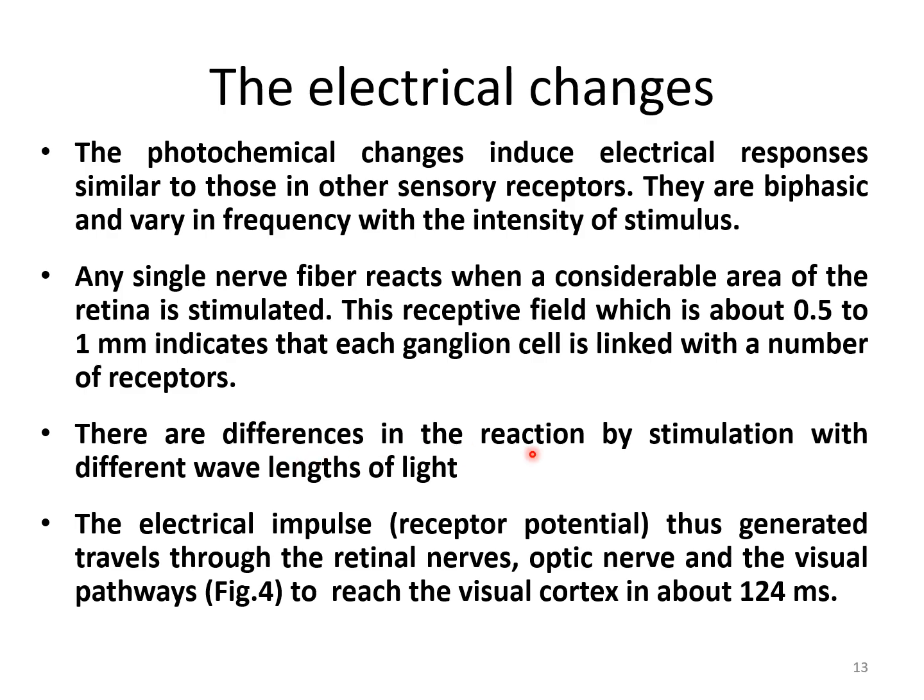There are differences in the reaction by stimulation with different wavelengths of light. The electrical impulse, that is the receptor potential thus generated, travels through the retinal nerve fibers, optic nerve, and the visual pathways to reach the visual cortex in about 124 milliseconds.